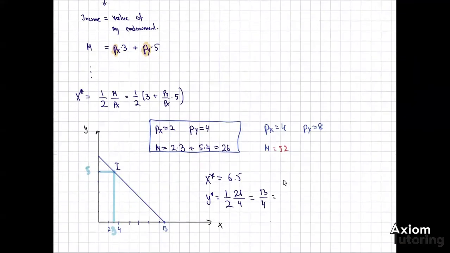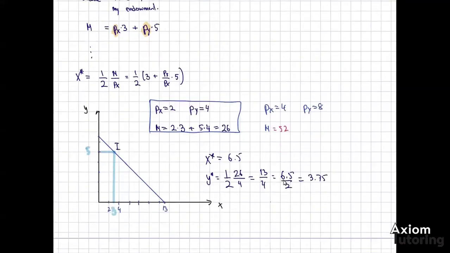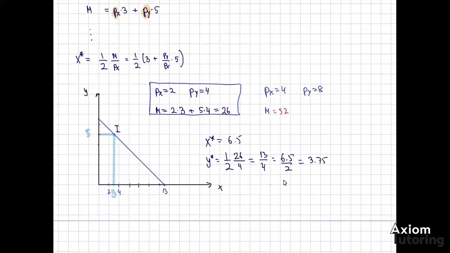So that is 6.5 divided by 2, and that is 3.75. Okay. So if you were to give me those prices, I could then figure out exactly what my optimal choice is, and it is to have 6.5 units, so somewhere here.